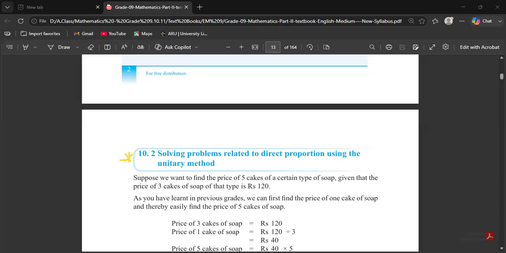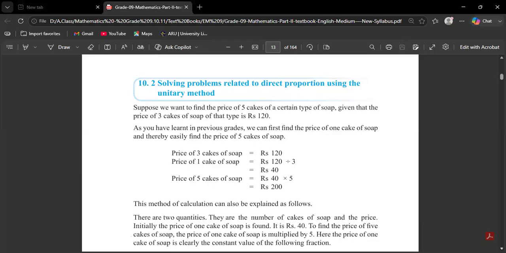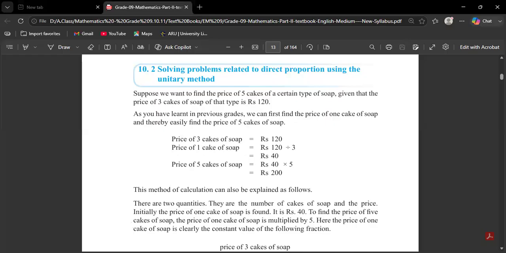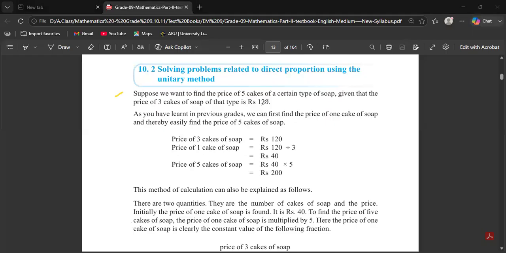Okay, so our topic: solving problems related to direct proportion using the unitary method. Just see this example. Suppose we want to find the price of 5 cakes of a certain type of soap, given that the price of 3 cakes of soap is 120. So they are asking about the price of 5 cakes. 3 cakes 120.